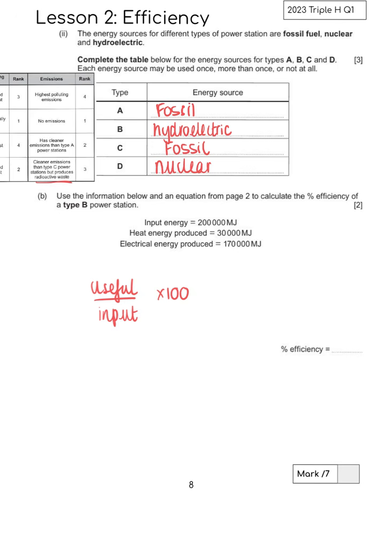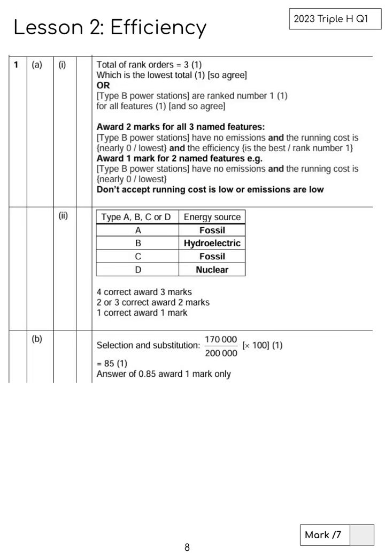So what we want from a power station is electrical energy. So that's going to go on the top, and we're going to divide it by what goes in. They are both in megajoules. We don't need to worry about converting because they're both megajoules, but don't forget we also need to times it by 100 because it is an efficiency. And this gives us 85%. And here is the mark scheme so you can see where the marks are.